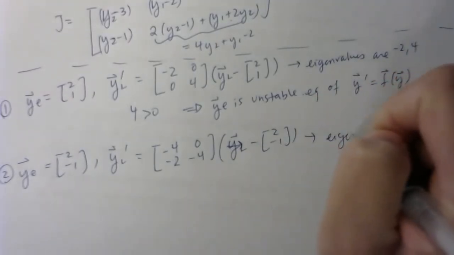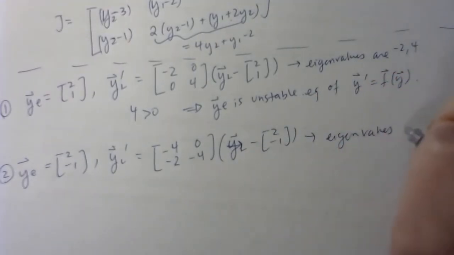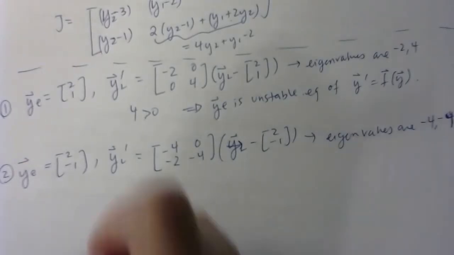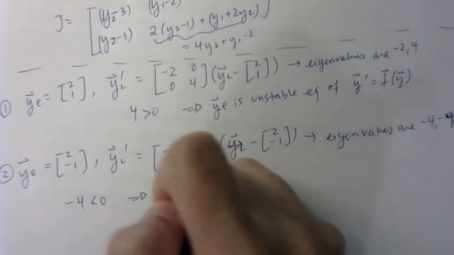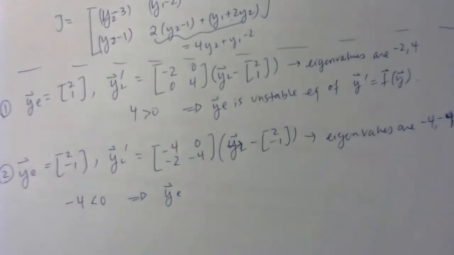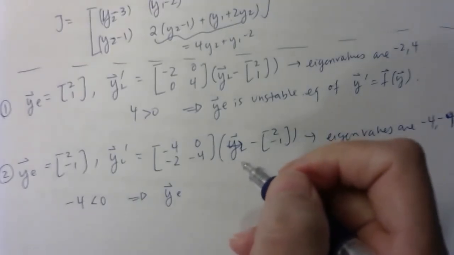So the eigenvalues are minus 4 and minus 4. Okay, so they're both less than 0, which implies that YE, well, so it's going to be locally asymptotically stable is the most we can say.